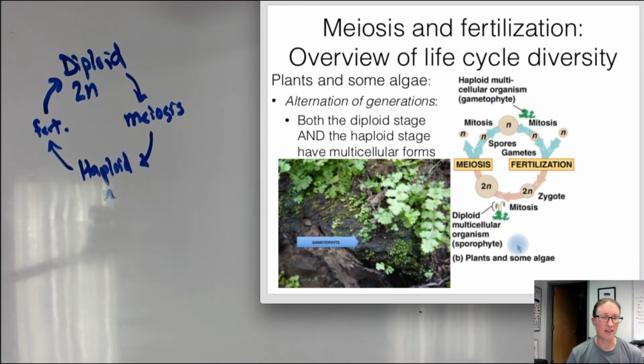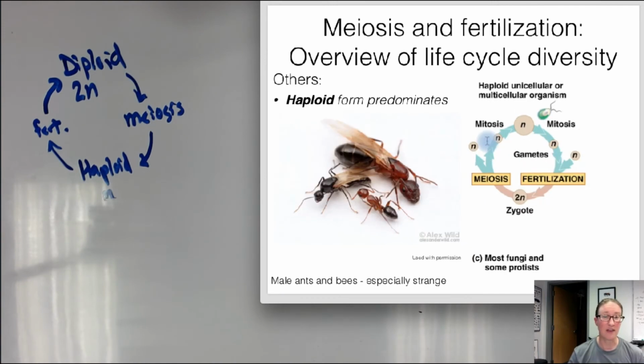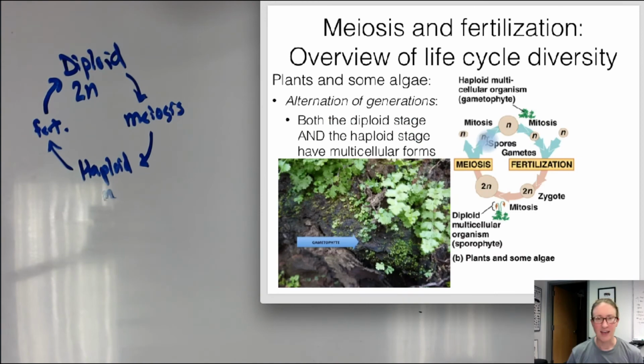In contrast, the larger forms here that will eventually produce spores, so they'll go through meiosis and then produce haploid spores, those multicellular organisms are referred to as the sporophytes, right? They'll release spores. The spores will travel some distance, get established, and they will grow into a multicellular gametophyte.